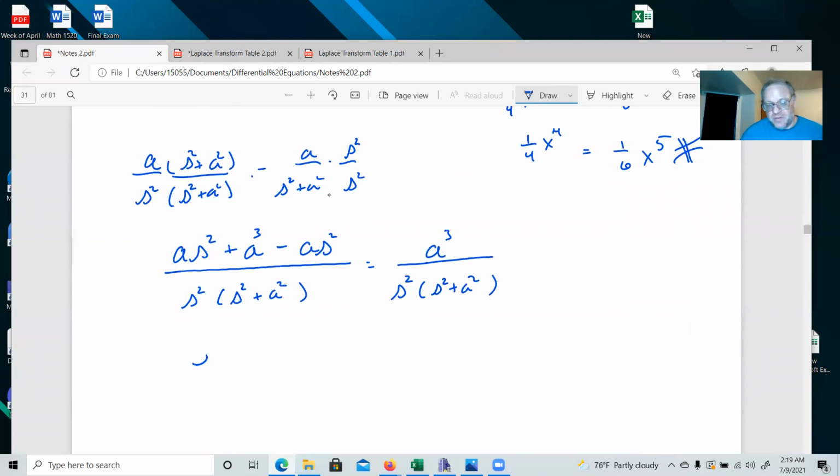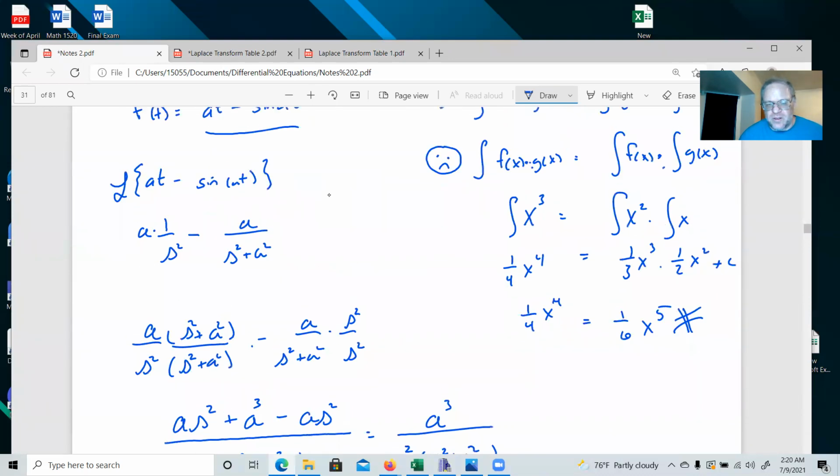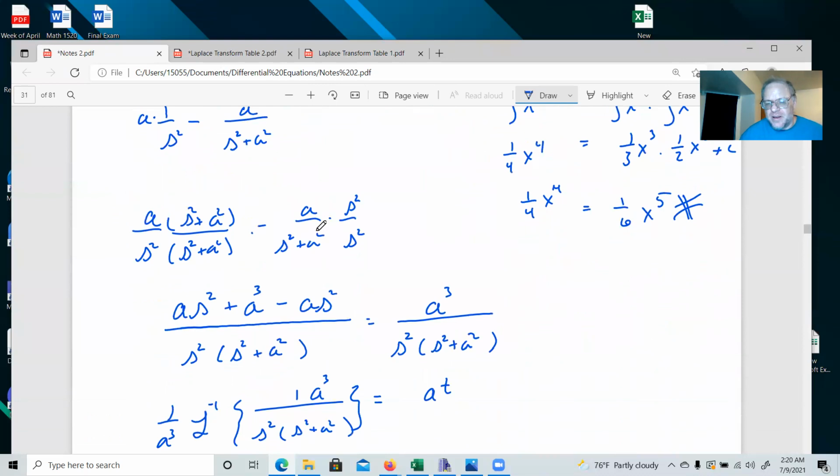So they wanted to know the inverse Laplace transform of 1 over s squared plus a squared. Why don't we do this? Why don't we multiply here by a cubed? Multiply here by a cubed. Then it fits, right? And we're going to get a t, that was our first one because they gave us the hint, minus sine of at all over a cubed.